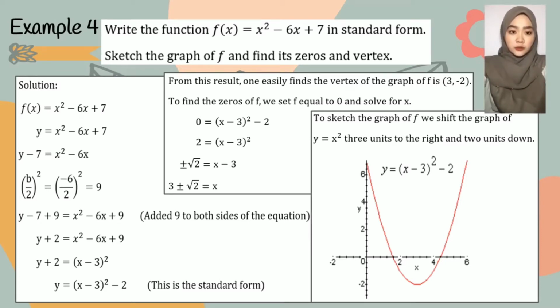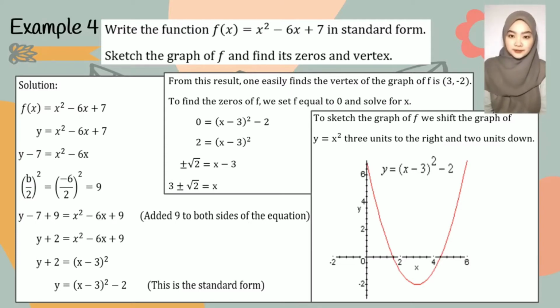From y minus 7 equals x squared minus 6x, we complete the square by (b divided by 2) squared, which is (negative 6 divided by 2) squared equals 9. So we add 9 on both sides. We get y plus 2 equals x squared minus 6x plus 9. So we get the answer y equals (x minus 3) squared minus 2. This is the standard form.